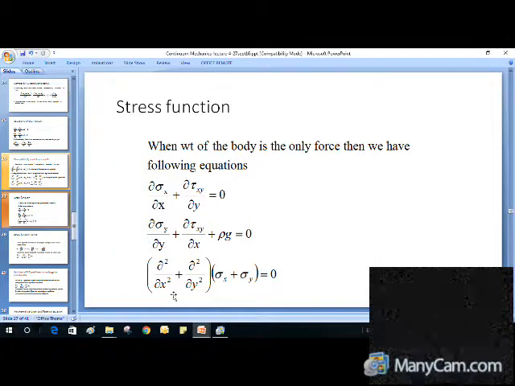To solve these partial differential equations there is one method available, which is the method of substitution. This method involves combining these three equations and converting them into a single equation, and then solving that single equation in different situations.